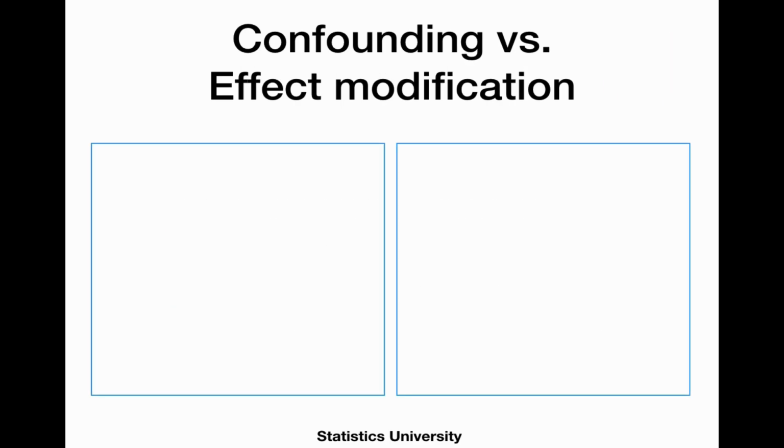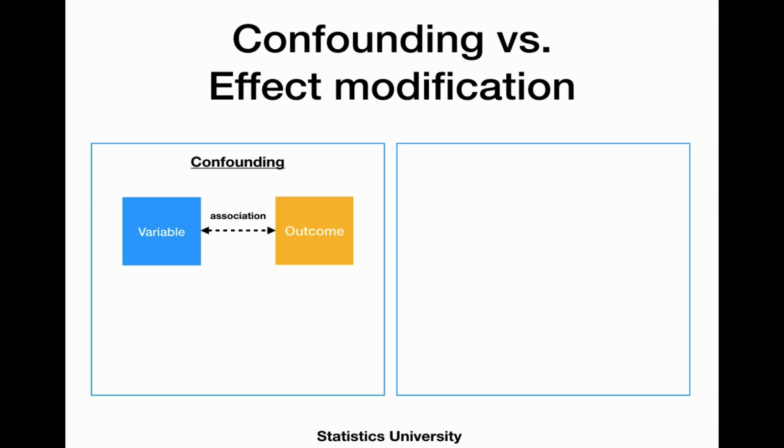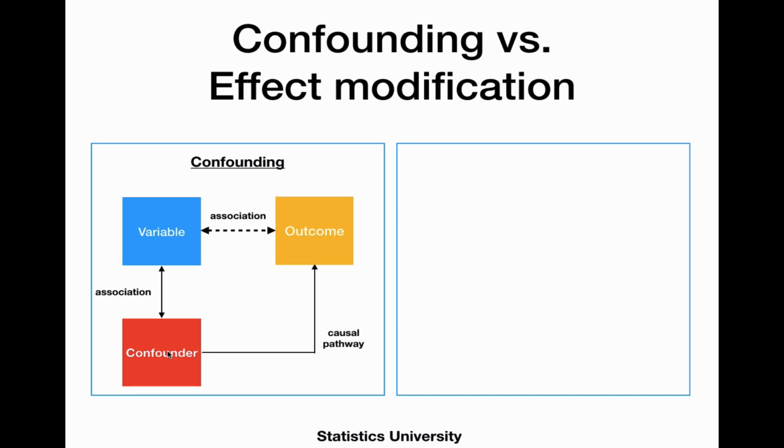Confounding and effect modification are two different entities. In confounding, we think we are measuring an association between a variable and the outcome, but what we're actually measuring is the association between the variable and a confounder, and then the subsequent association between the confounder and the outcome. So this is the direction of association that we're actually measuring.